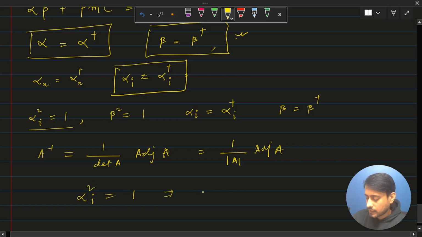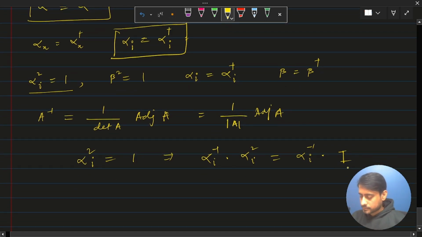This implies alpha i inverse into alpha i square equals alpha i inverse into 1. Simply, you know that this becomes the identity matrix.